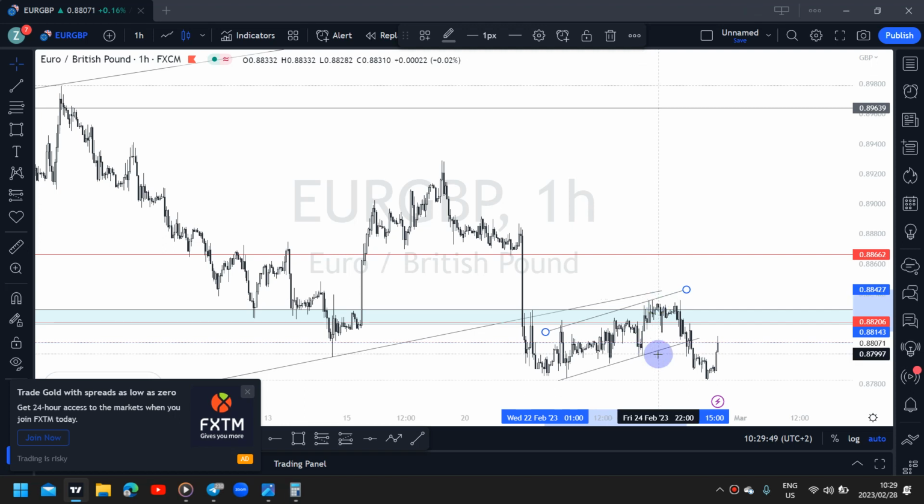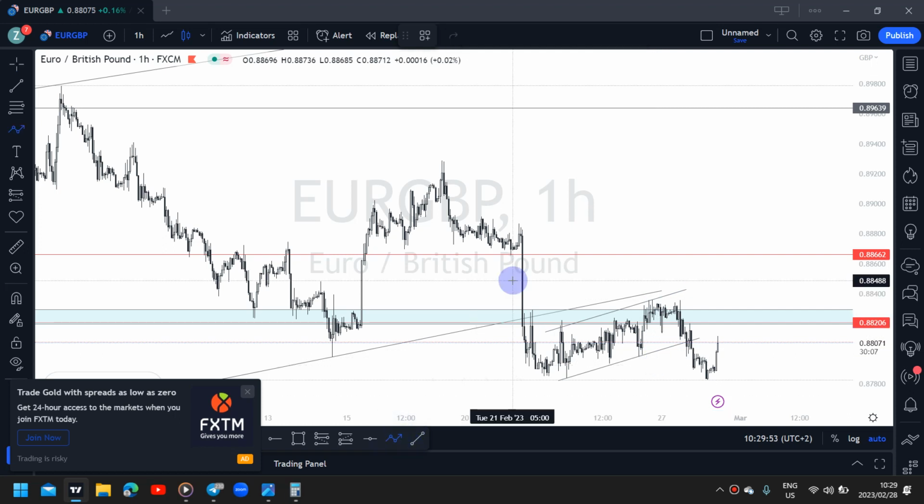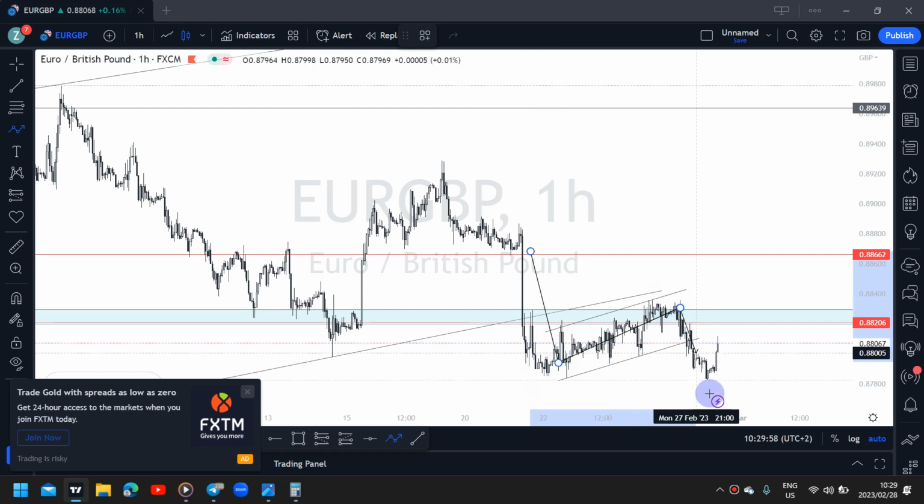So here, this is one reversal pattern, which is a bearish flag, if not mistaken. Comment down below what you think. Comment down below if you know this pattern here.